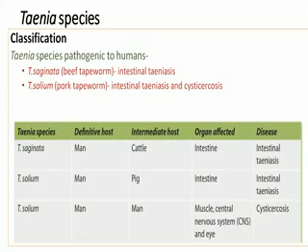But in Taenia solium, in addition to intestinal taeniasis, there is a disease called cysticercosis. This is due to larvae in other organs like muscles, central nervous system, and ocular or subcutaneous places. Because of these larvae, it is called cysticercosis.